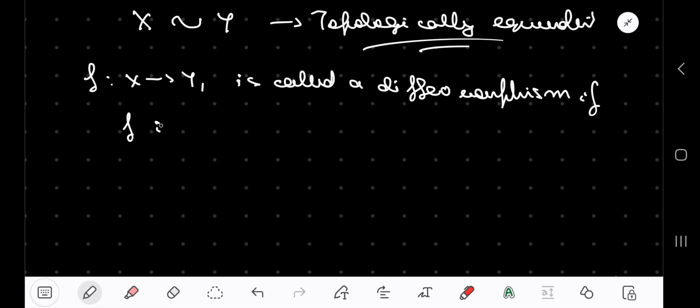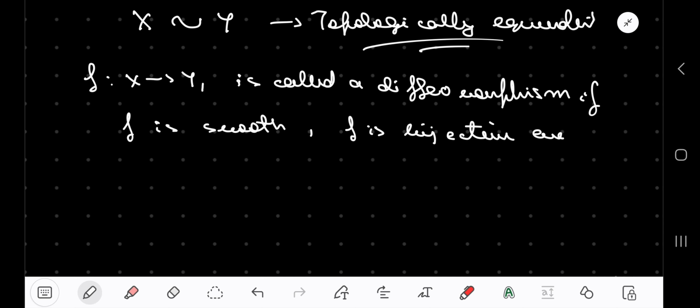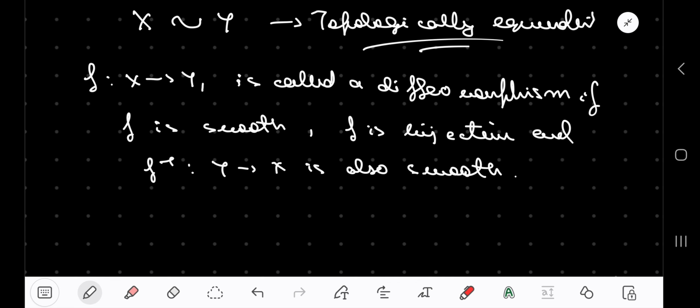if f is differentiable, or rather not only differentiable, f is smooth, that is all orders of partial derivatives exist, f is bijective, and f inverse from y to x is also smooth, that is f is a C infinity function, it's bijective, and its inverse is also a C infinity function.